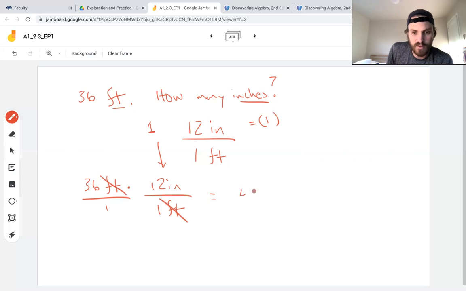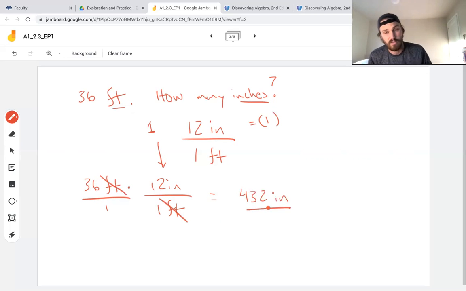So it's 432 inches, if I've done my math correctly. Let me double check that. 36 times 10 is 360. 2 times 36 is 72. 360 plus 72 is 432 inches.